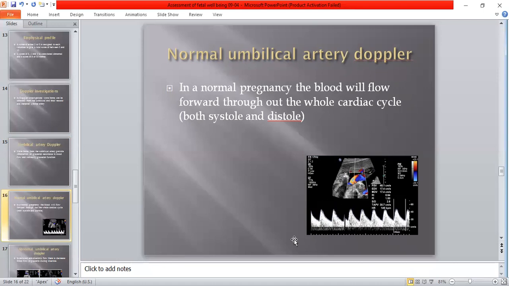When there is any problem in the placenta, the blood flow in the umbilical artery decreases. It may be reduced or absent, or at the end it may be reversed.